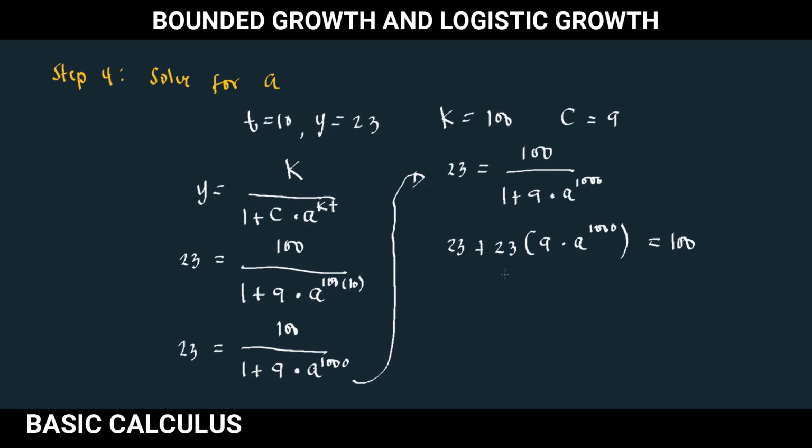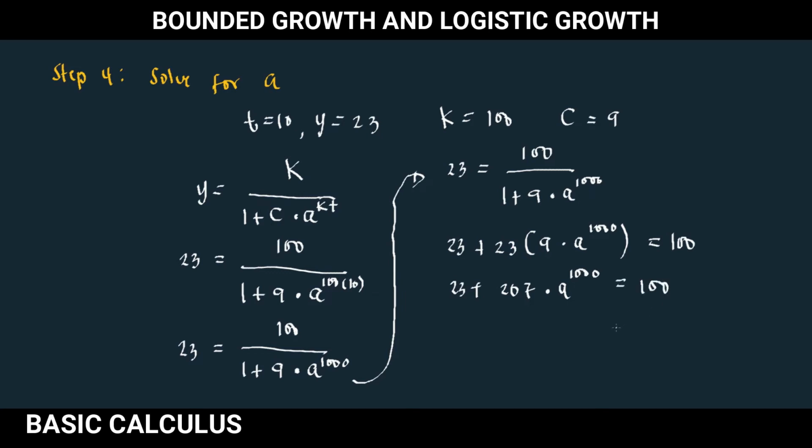Here let's simplify this. So we have 23 plus 23 times 9, that is equal to 207. So we have 207 times A raised to 1000, equal to 100.